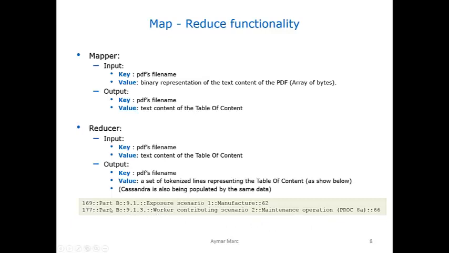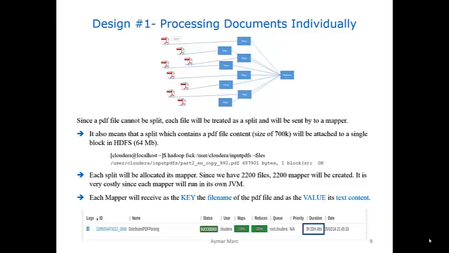Here you can see what the output is ultimately made of. Alright, now let's look at the first design, processing documents individually, and see what it means to do it that way. Each PDF cannot be split, so each PDF will be treated as a split, and in HDFS it will be attached to a single block, as shown here.